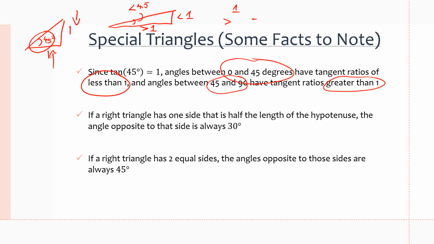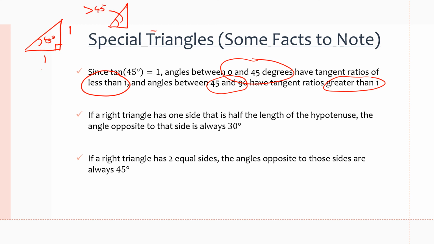And for an angle greater than 45, we can do the same test. So we have our special triangle here, 45 degrees, and our side lengths of 1 and 1. So if we increase that angle, so this angle now is greater than 45, this side now is going to be greater than 1, and this side is going to be less than 1, right?